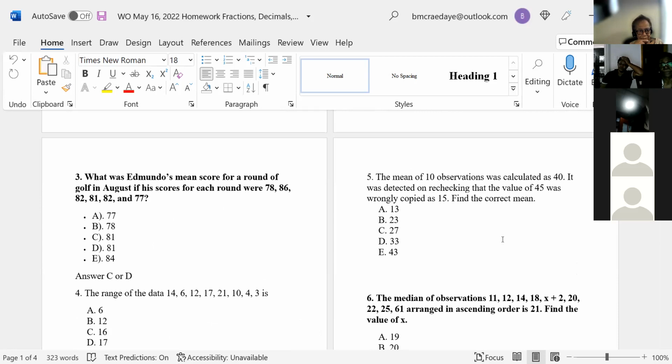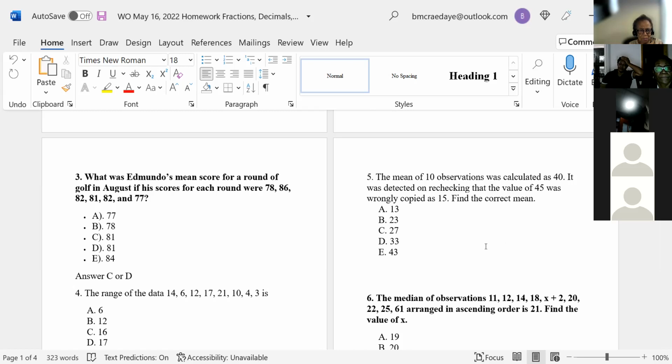The median, right? Or you got mean? Read number 5. The mean of 10 observations was calculated as 40. It was detected on rechecking that the value of 45 was wrongly copied as 15.